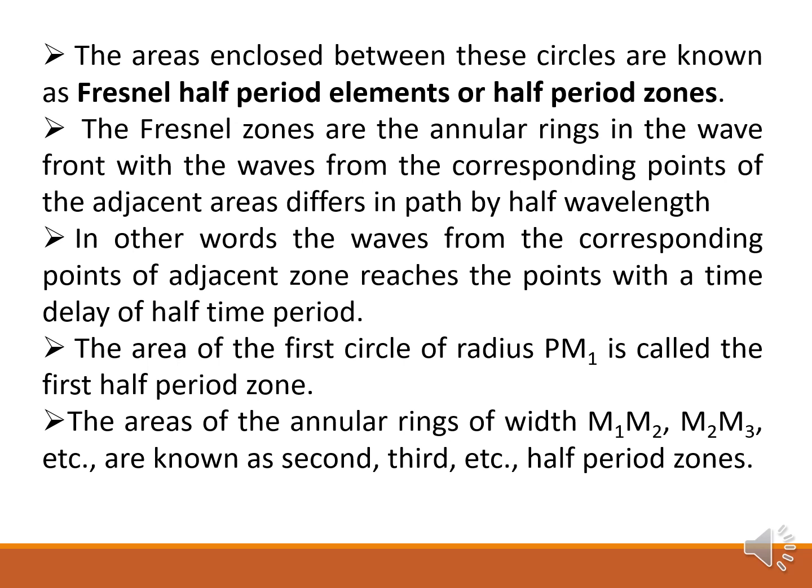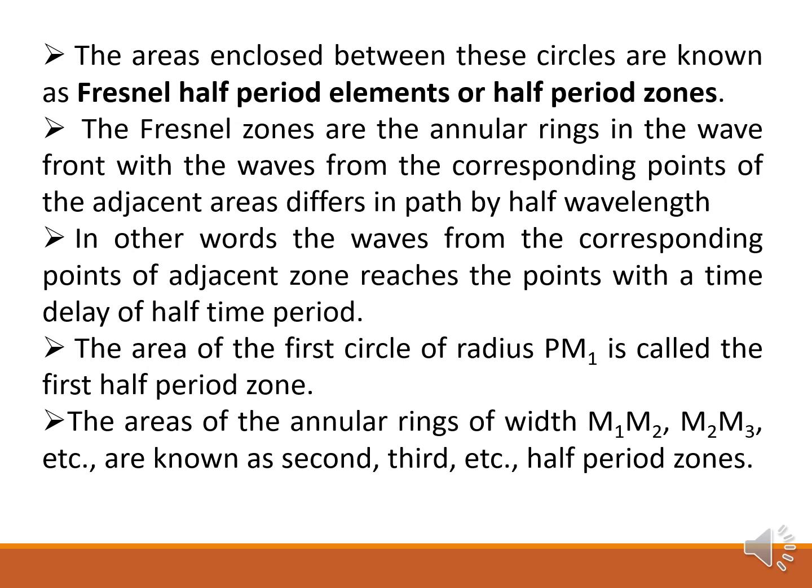Now the areas enclosed between these circles are known as Fresnel half-period elements or half-period zones. The Fresnel zones are the annular rings in the wavefront with the waves from the corresponding points of adjacent areas differing in path by half a wavelength. What are Fresnel zones?